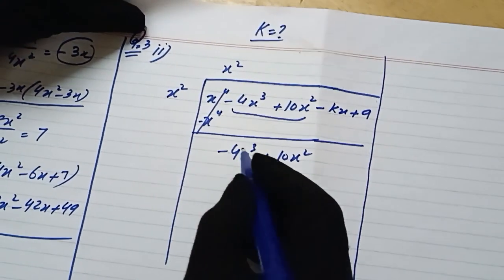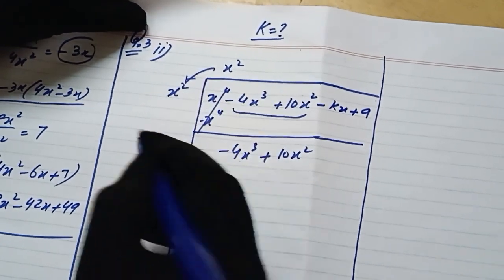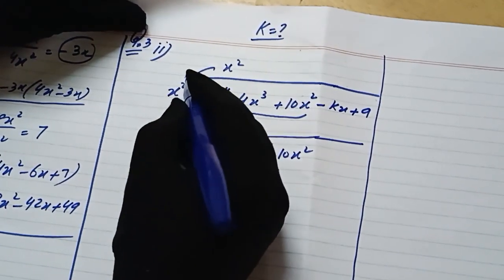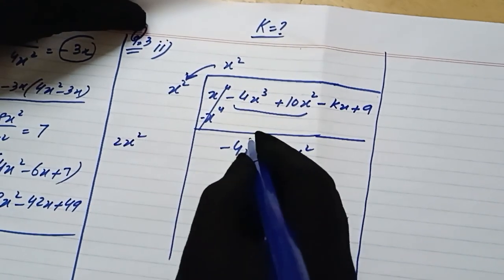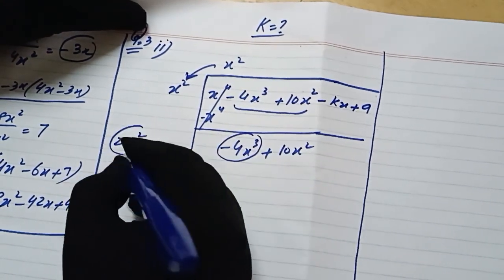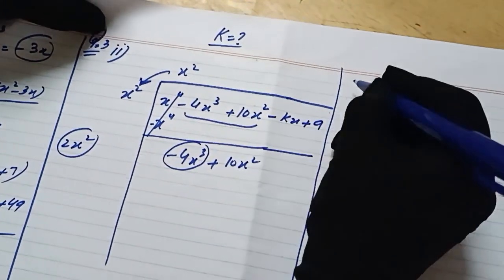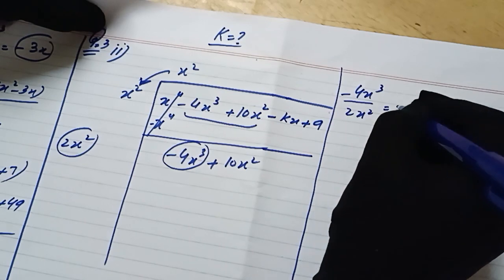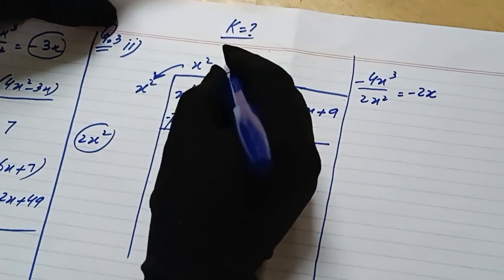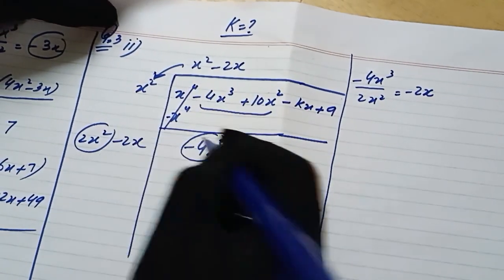And along with that, add them to get the first term. x square plus x square add up to give you 2x square. Now divide first term by the first term. Minus 4x cube over 2x square is equal to minus 2x. Minus 2x here, minus 2x here.